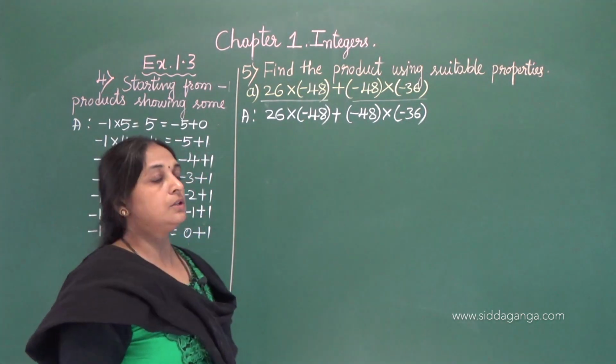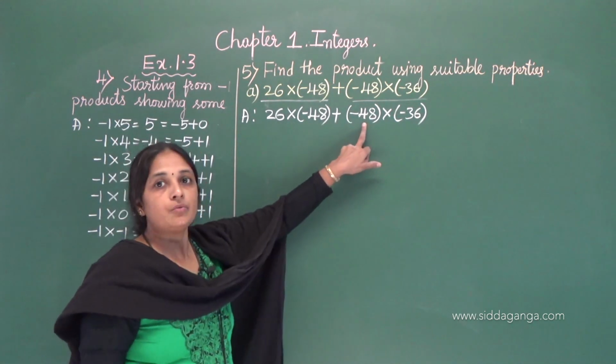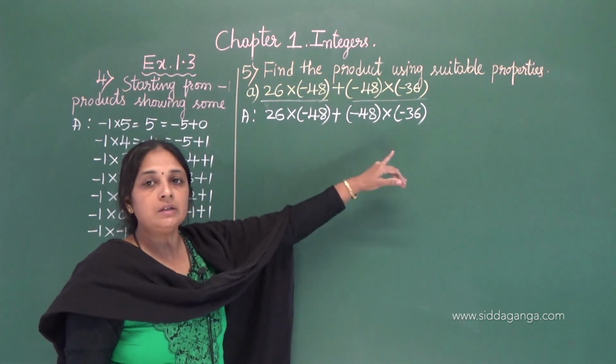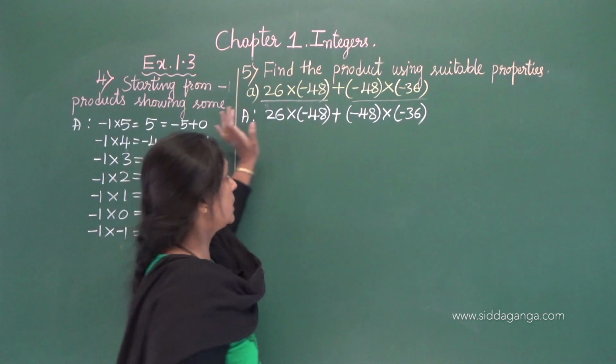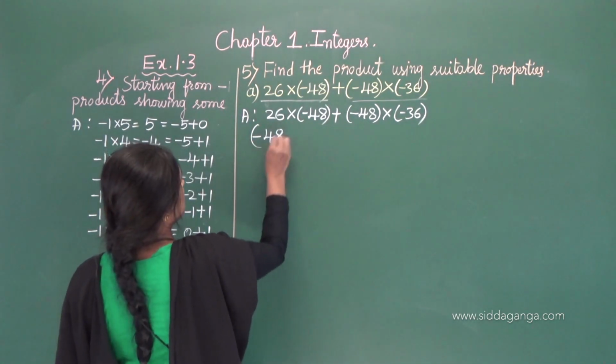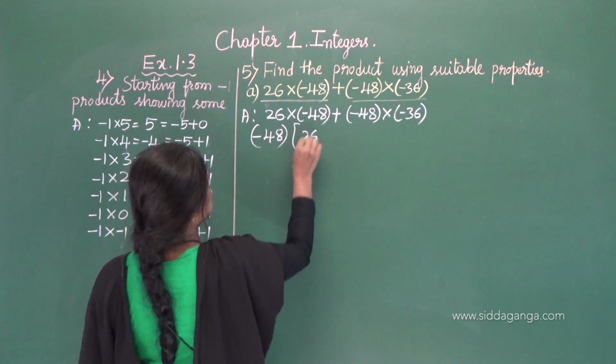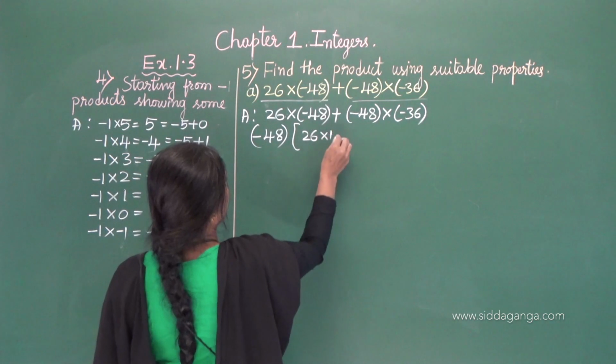What's the property we can use here? Here they have given minus 48, minus 48. So this is the common number that we can take out. Okay, take out minus 48. Here we get 26 into 1.